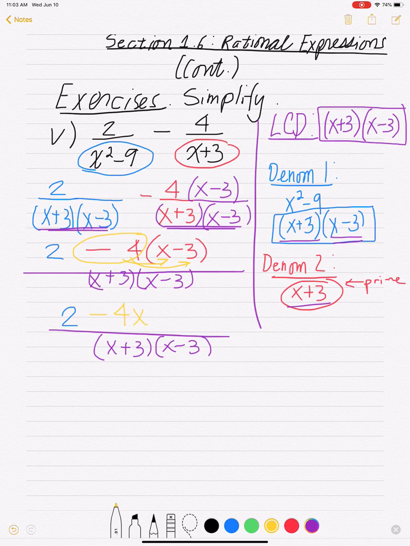And then negative 4 times negative 3 is positive 12. So we've distributed the negative 4 through. And then combine like terms, right? We got 2 plus 12, which is positive 14. So we got 14 minus 4x over the denominator, x plus 3, x minus 3.